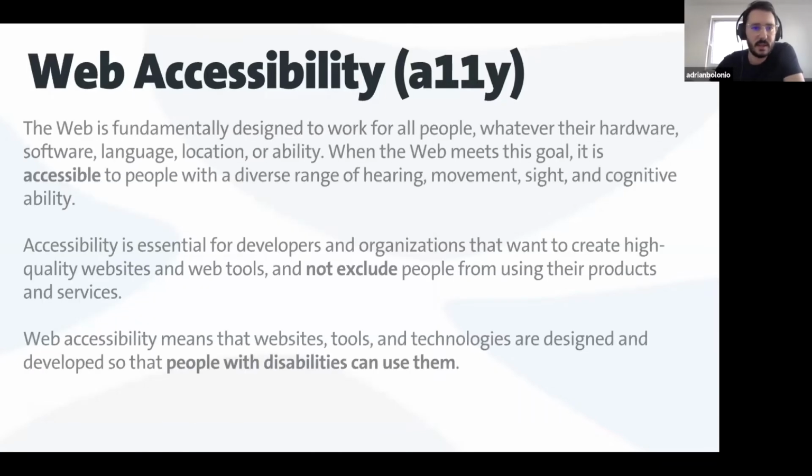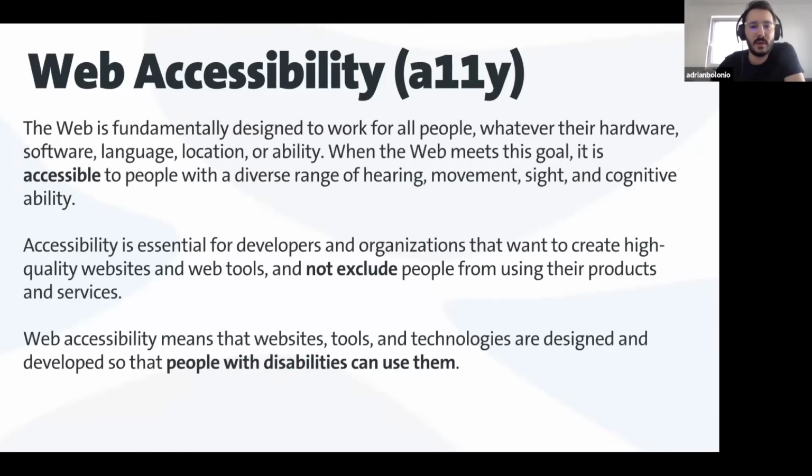Let me tell you something about accessibility. Accessibility is essential for developers and organizations because we are not excluding anyone from being able to use our product. That means the websites, tools, and technologies are designed and developed so people with disabilities can use them.